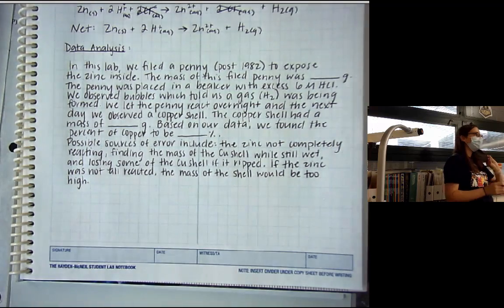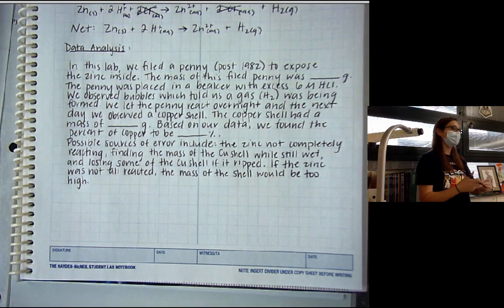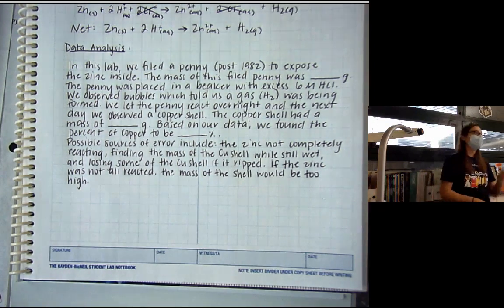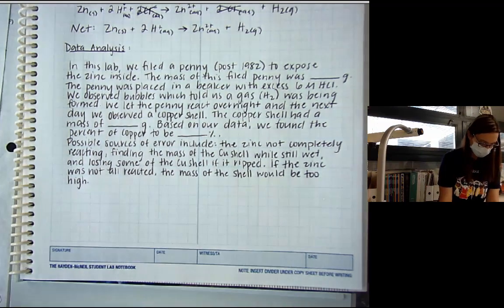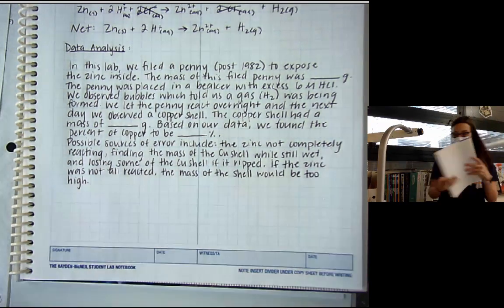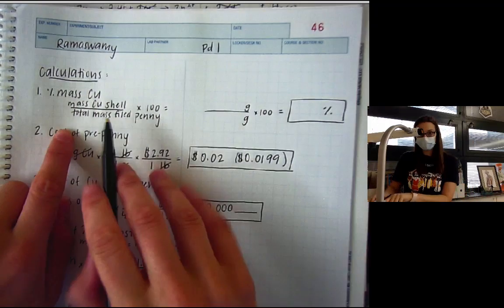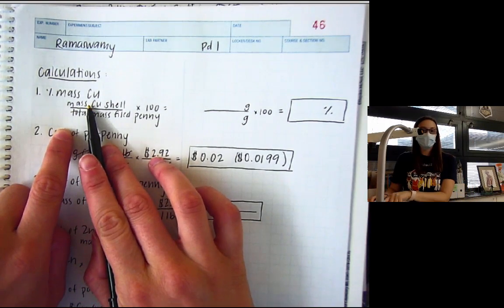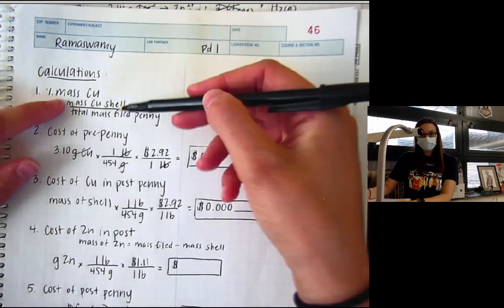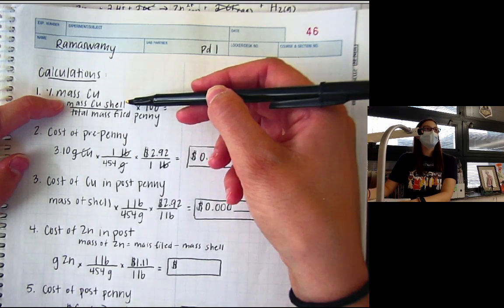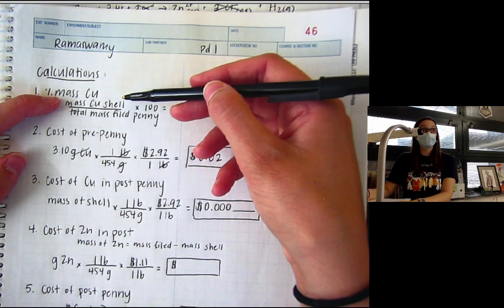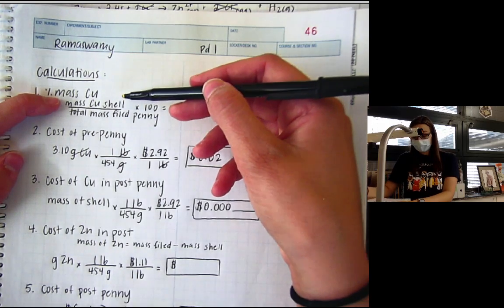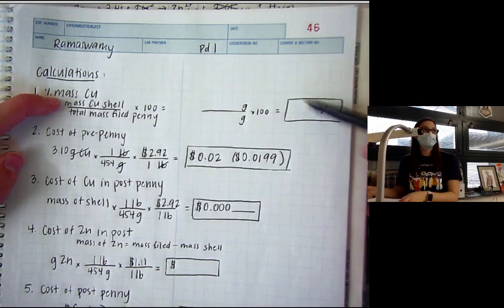Now, if we actually look back at our calculations, the whole point was to do percent composition, percent of a penny. If we look at our mass percent, I'm just going to put it up here for you. If we look at this calculation, mass of Cu shell, if this number were too high, and even look at your calculations, if instead of 0.05 grams, it was 0.5 grams, that's going to make your overall percent too high.